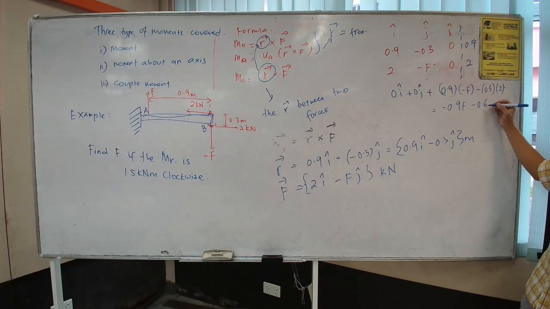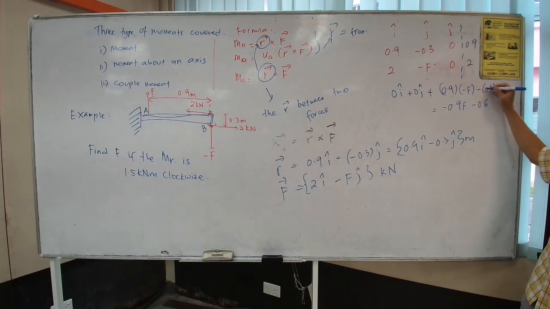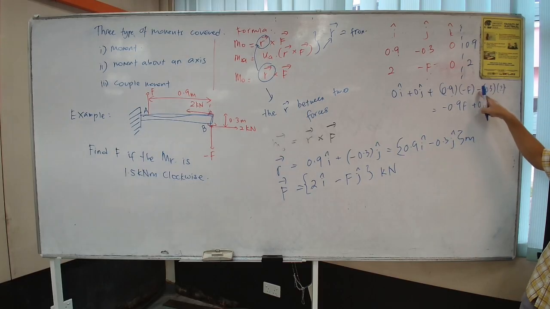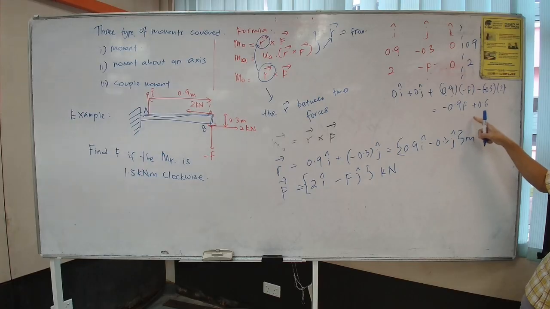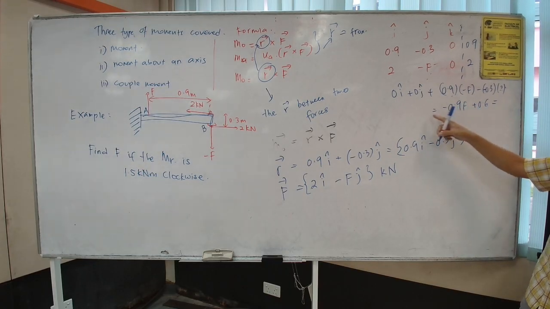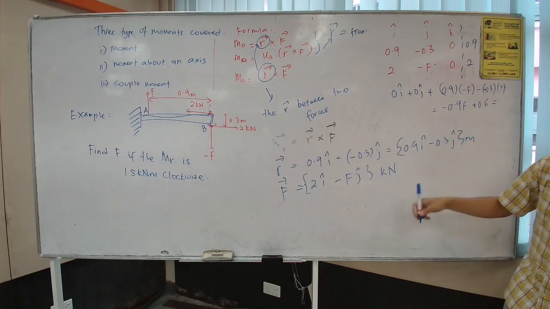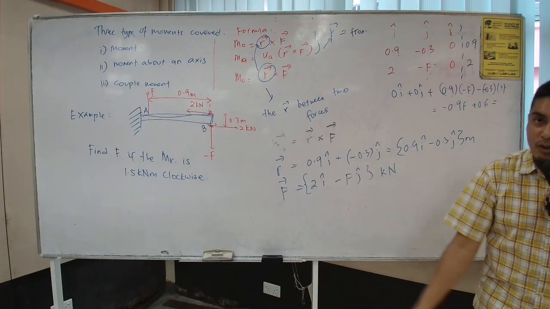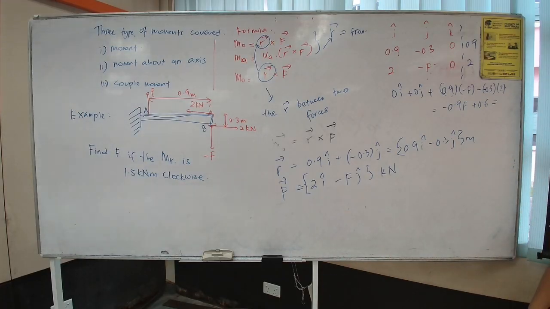Yes. This one, minus with negative, should be positive. Minus with negative 0.3 multiplied by 2, so it becomes plus 0.6. So this is our moment. However, the question gives the moment as 1.5 kilonewton meter clockwise.